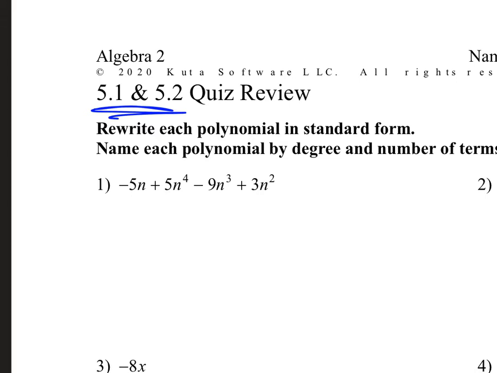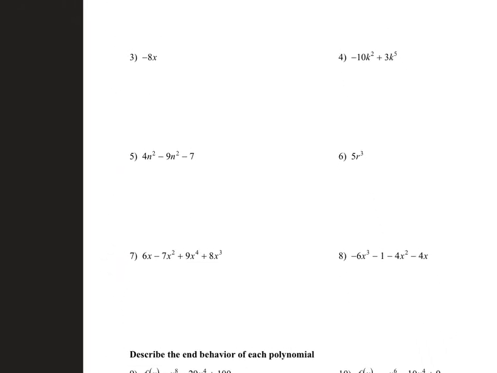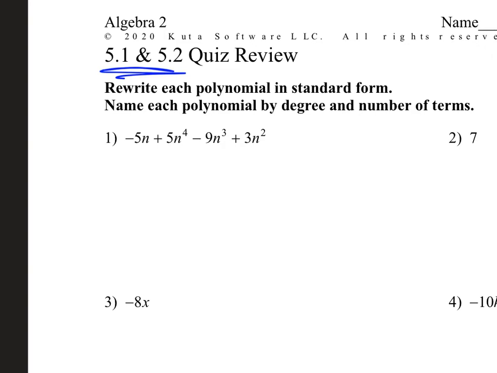So for number 1 through 8, we have to put it in standard form and name each polynomial by degree and number of terms. So what comes first in standard form? 5n to the 4th power.